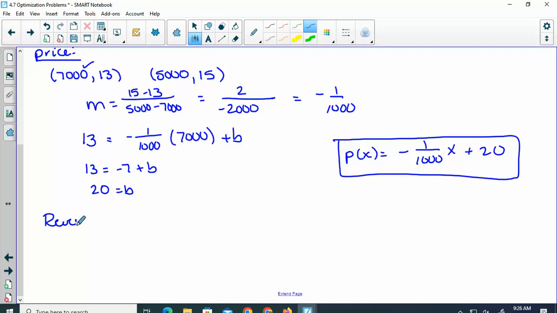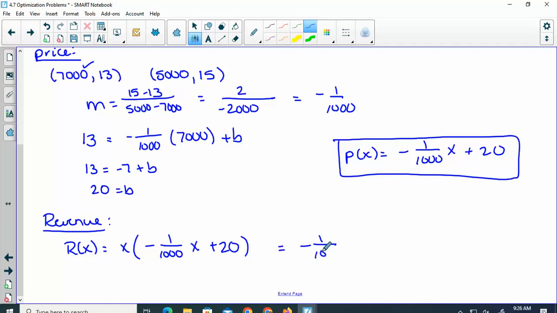How did we say we got revenue? Revenue is negative 1 over 1,000 x squared plus 20x.